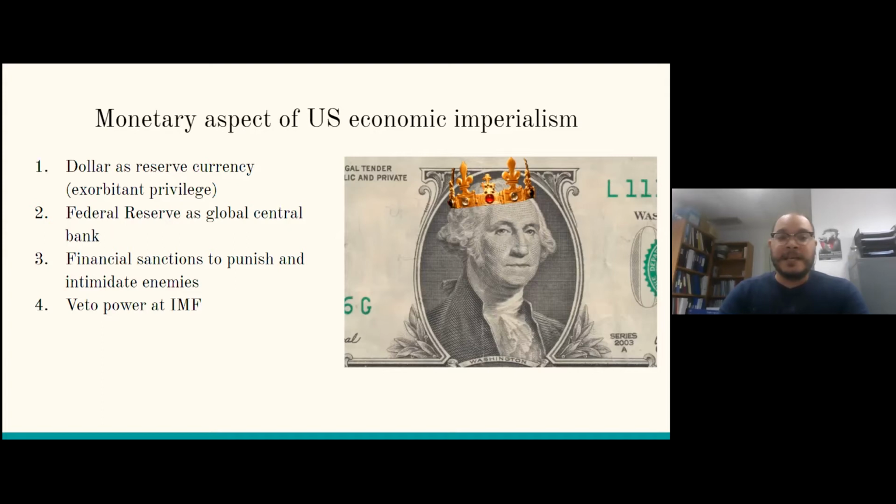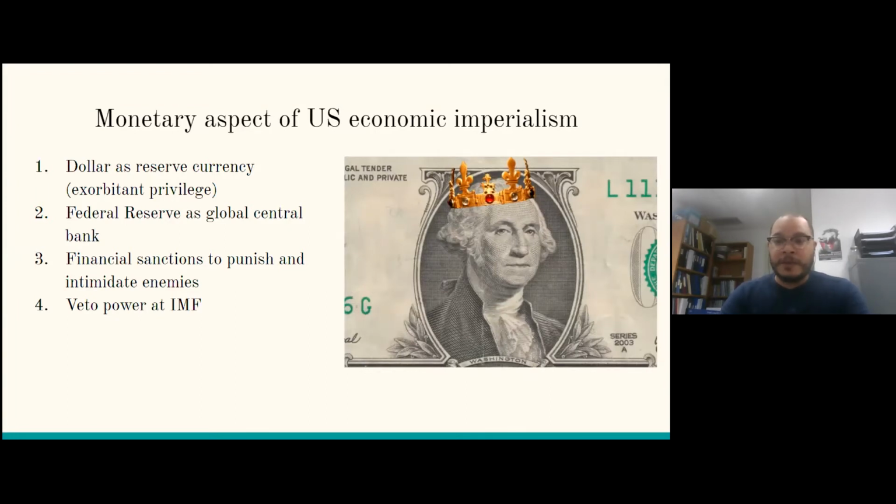Secondly, the Federal Reserve is unofficially the world's global central bank because the dollar is the world's currency, and the Federal Reserve has the ability to print dollars. It basically makes the United States the world's central bank and gives us a tremendous amount of power over the global economy.